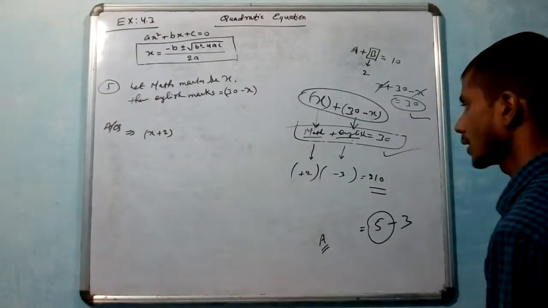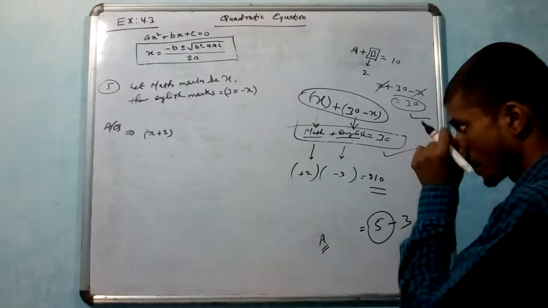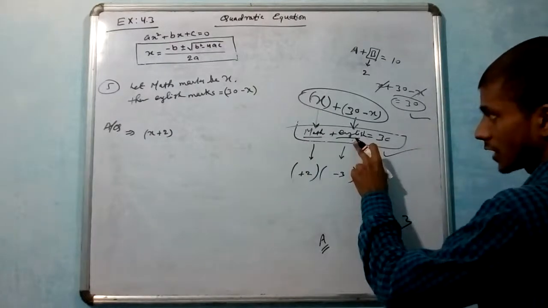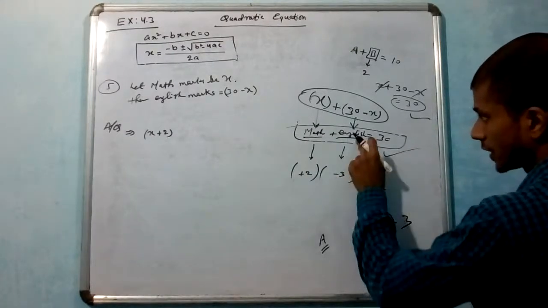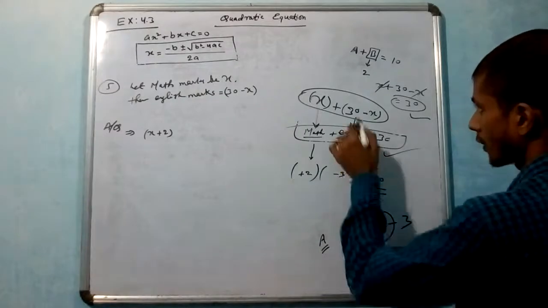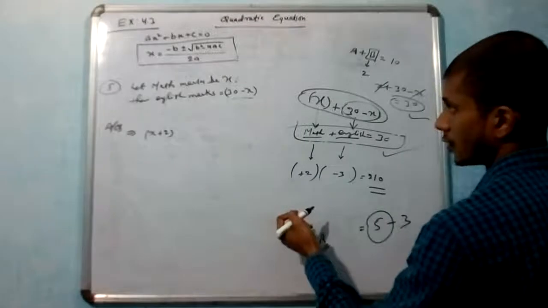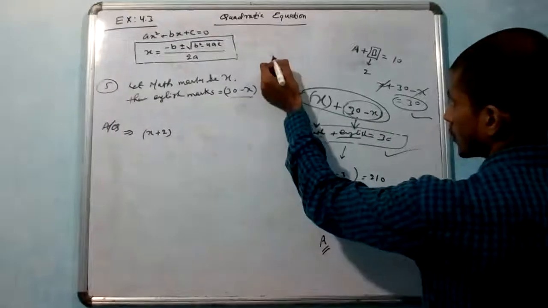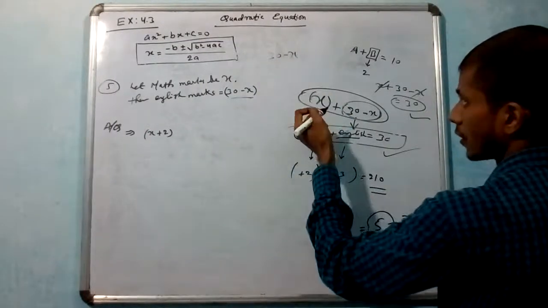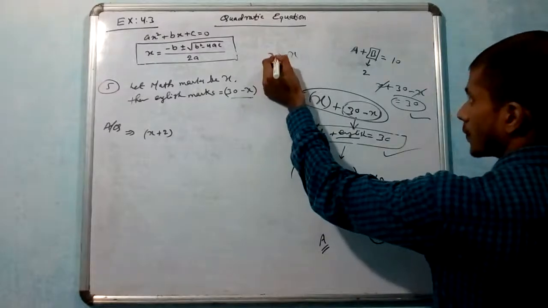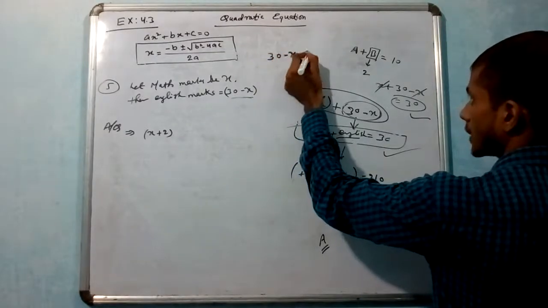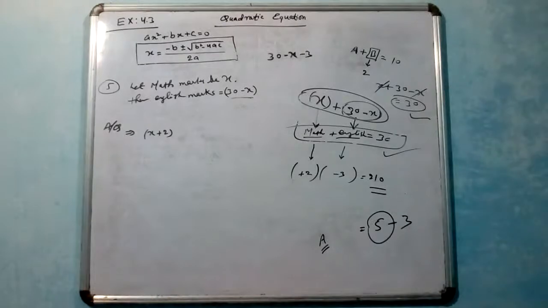And then what is the next given condition? Had she got 3 marks less in English. So how much did she get in English? 30 minus x. And 3 marks lesser than that, so 30 minus x minus 3. Isn't it?